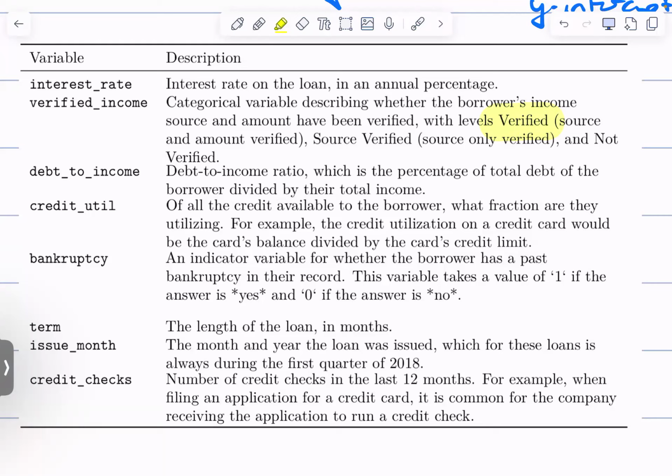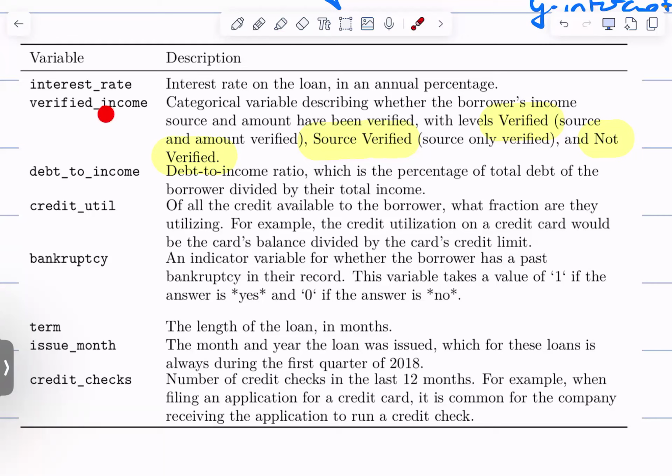Alternatively, just the source of their income could be verified, which implies that the amount was not verified. Or it can be not verified. So we've got these different levels for one categorical variable. We didn't talk about that last day.